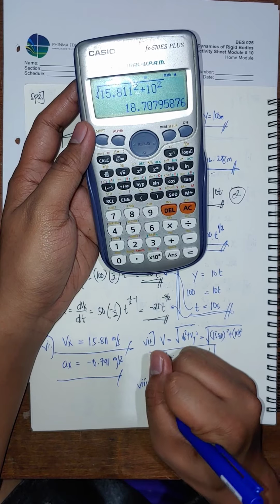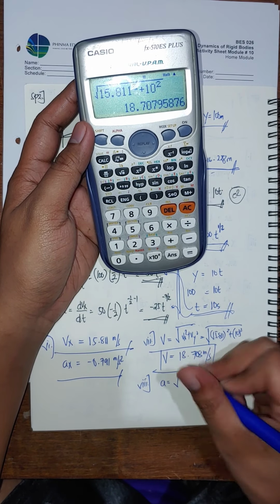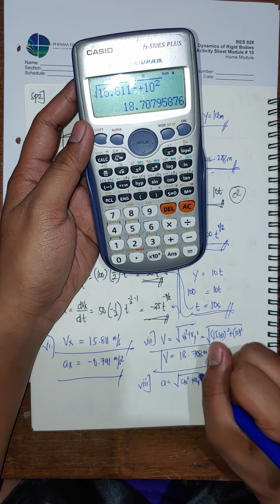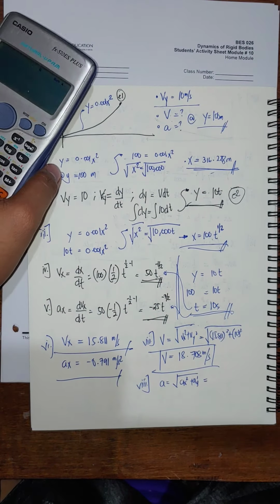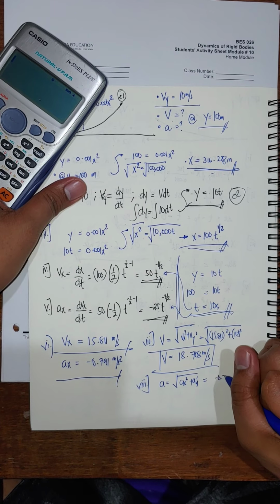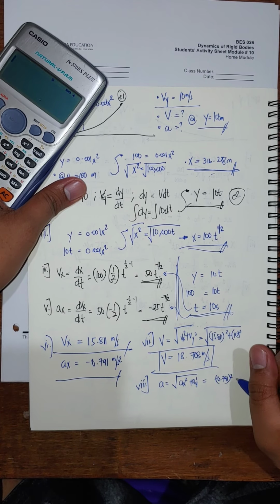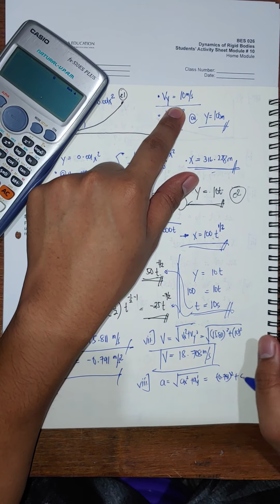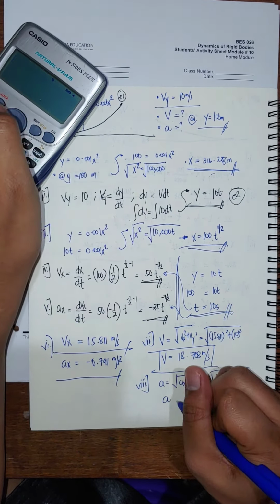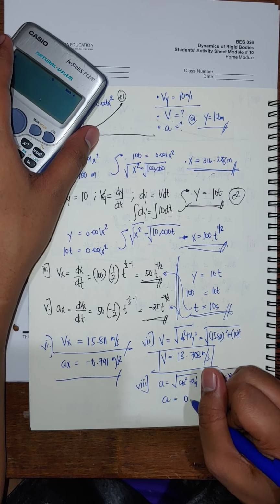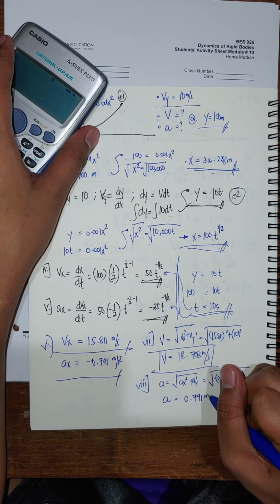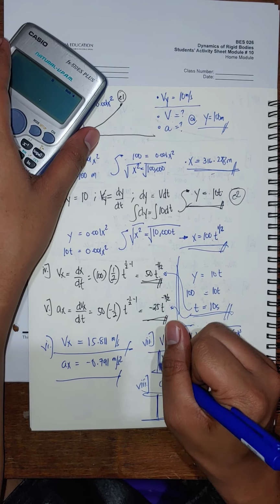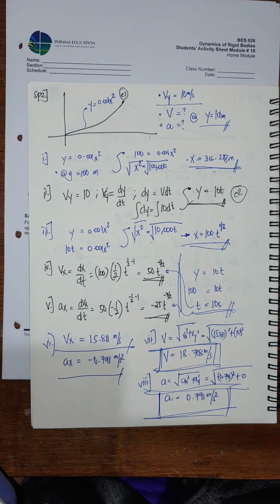Now, for the magnitude of acceleration, that is the square root of ax squared plus ay squared. Our acceleration along x is negative 0.791, squared, plus the acceleration along y, which is constant velocity, so 0. So our magnitude of acceleration is just 0.791 meters per second squared. So, this is the answer for sample problem number 2.